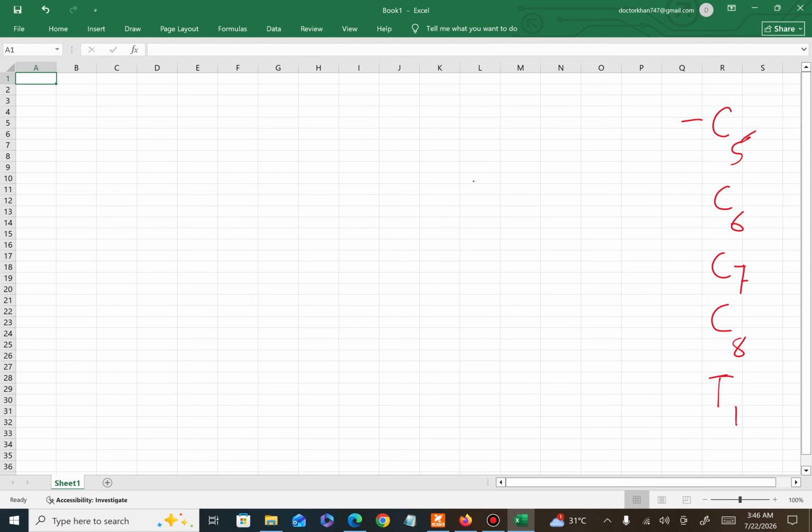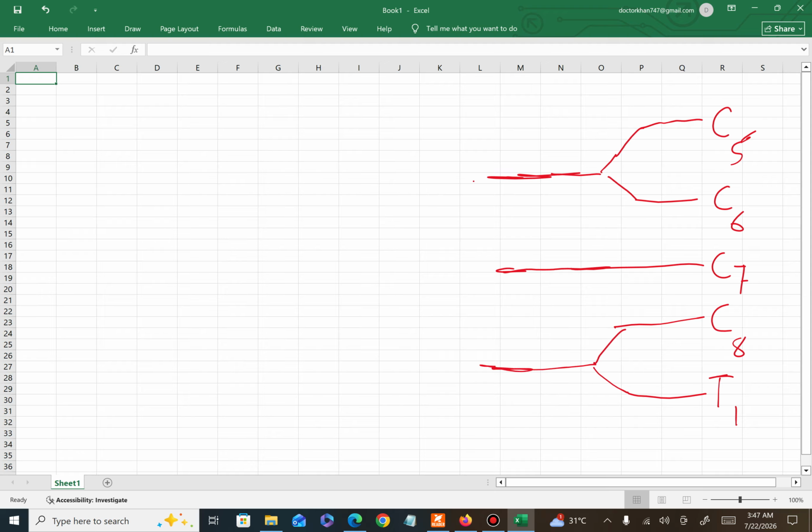The C5 and C6 nerve roots combine to form the upper trunk, or superior trunk. Then C7 itself forms the middle trunk, and the C8 and T1 nerve roots combine to form the inferior trunk, or lower trunk.